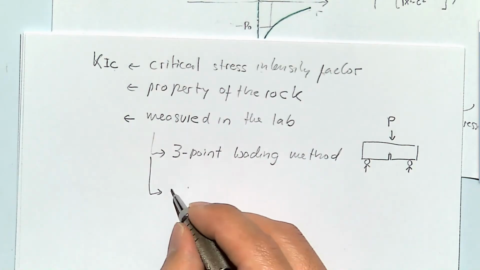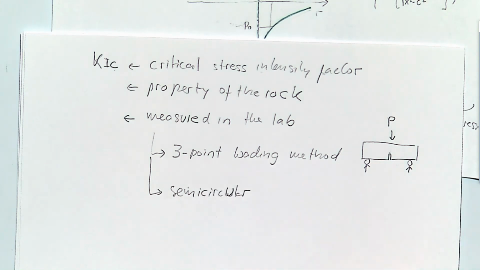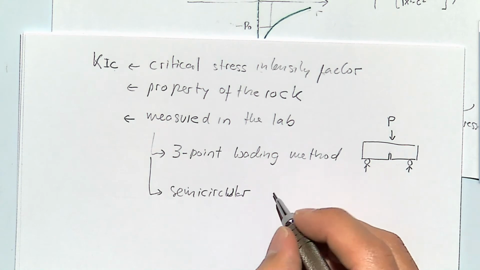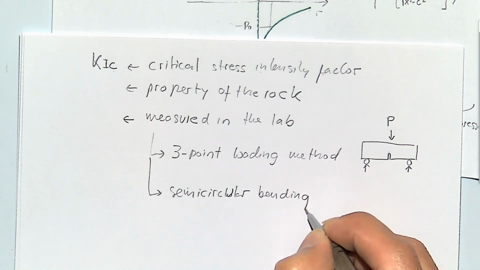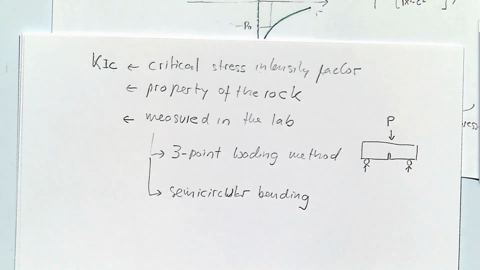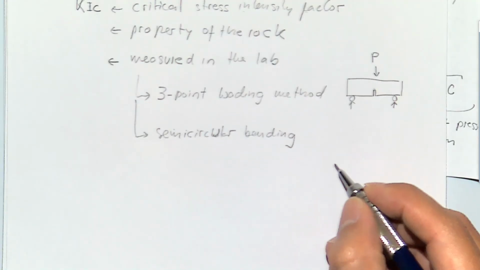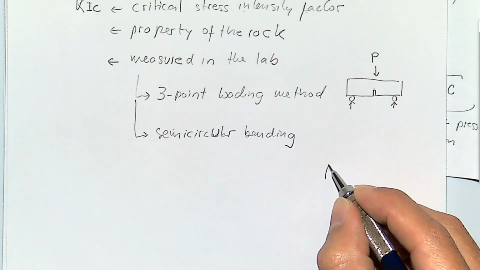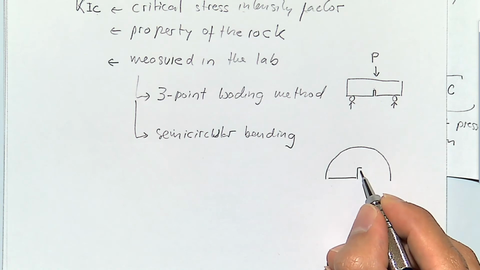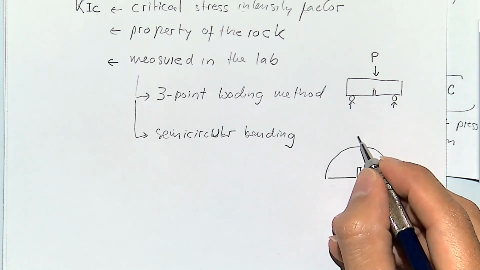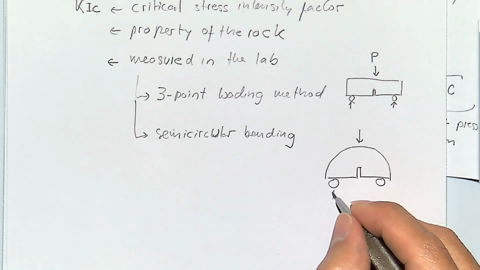And another one is the semicircular bending, and this will be a 3-point bending or 3-point loading method, and this is more popular for rocks because it's easier to core. You get the rock, split it in half, make a notch, and load it from the top. And you put rollers on the bottom that act as a reaction.